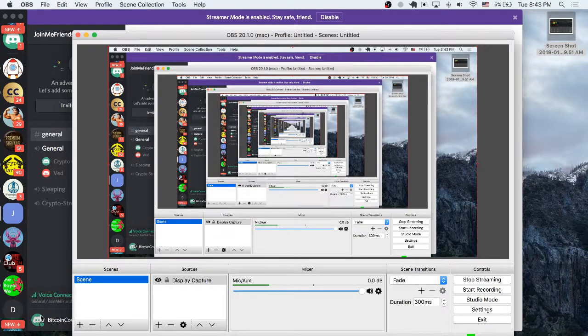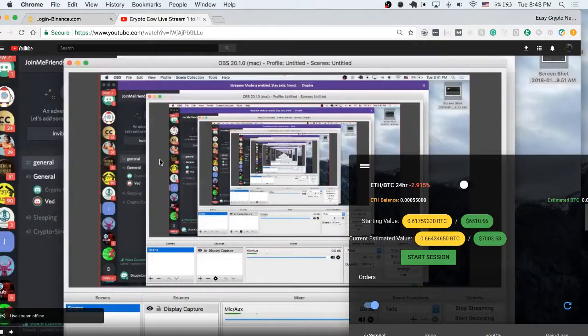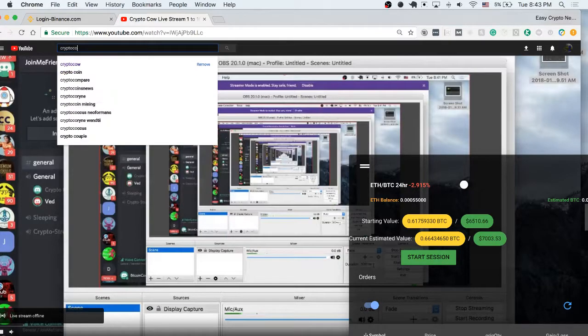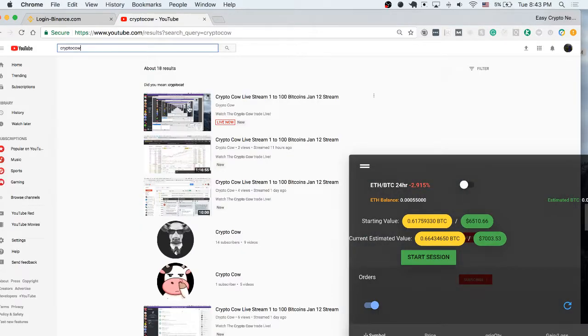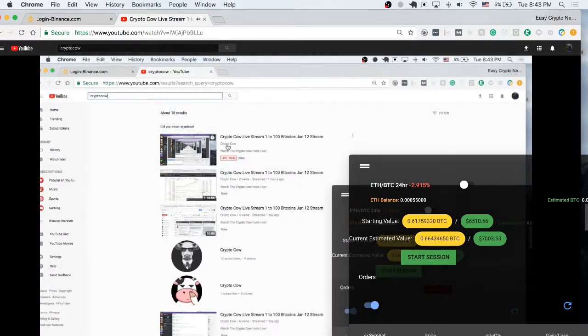Start streaming. Why isn't this working? Sometimes it takes a minute to launch. Oh, it is? Okay. It's still showing that mirrored effect though, huh? Alright, yeah, so it's like a 5-second delay here.